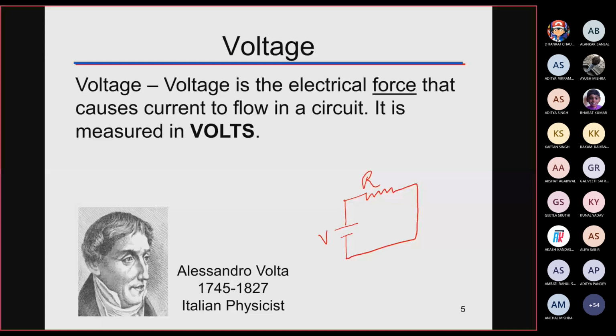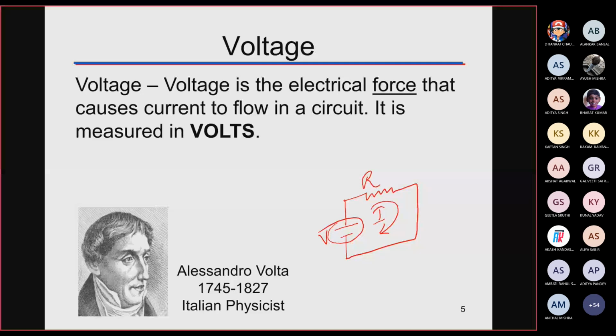So current through this circuit will flow only if there is an active source in the network. Voltage is basically an active source in the network which applies a force such that electrical current will flow through that network.